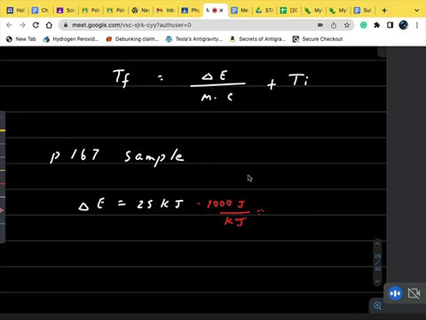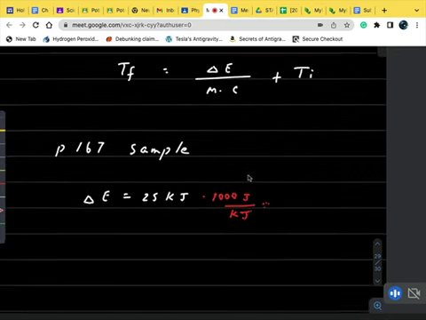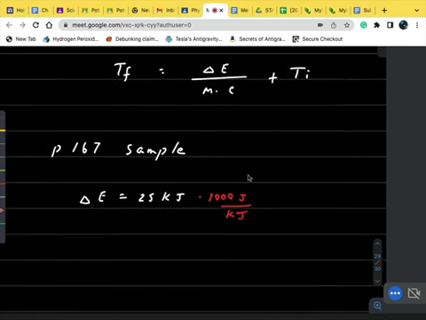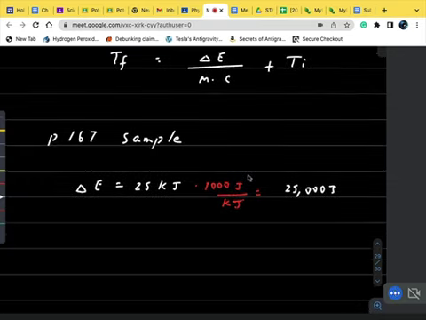So you solve for joules in a similar fashion. There's 1,000 joules for every kilojoule. I wrote down the conversion factor, 1,000 in red. So that works out to be 25,000 joules. We need to, again, stick with the units that are consistent with what you were given for the heat capacity. Joules, not kilojoules.